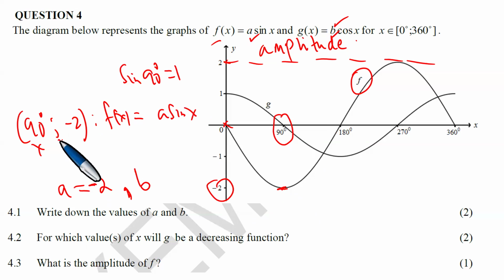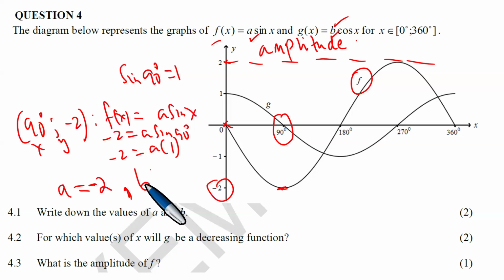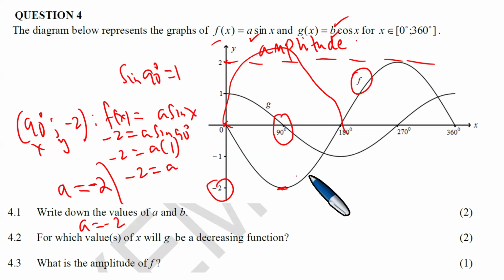Y is minus 2, and the sine of 90 degrees is 1. Therefore minus 2 equals a. So a is minus 2. The graph was supposed to be like here, but now it's on the other side, meaning it was multiplied by a negative, meaning a is minus 2.